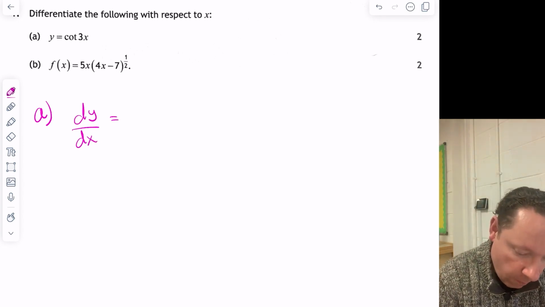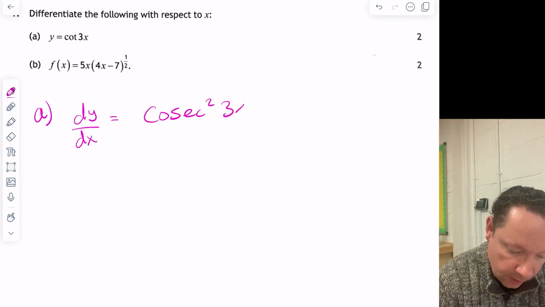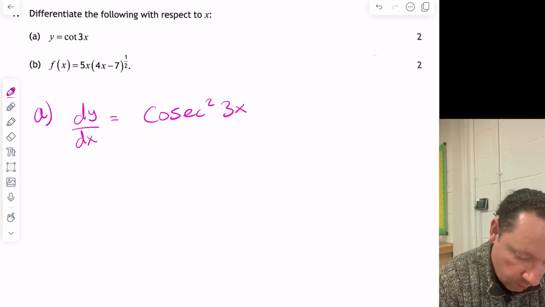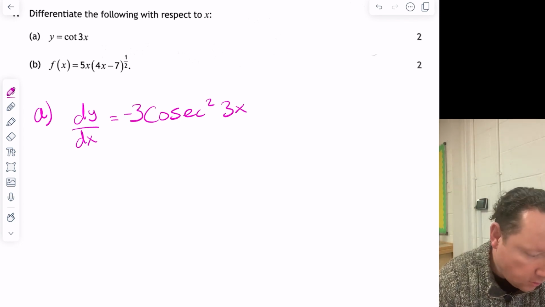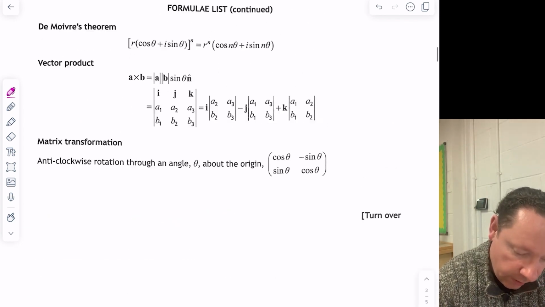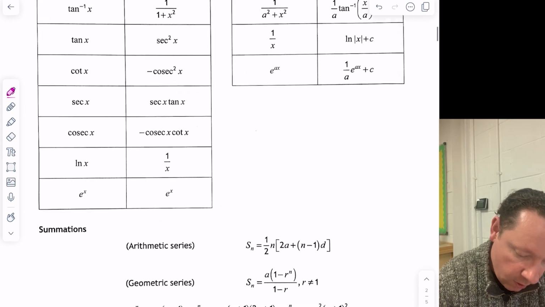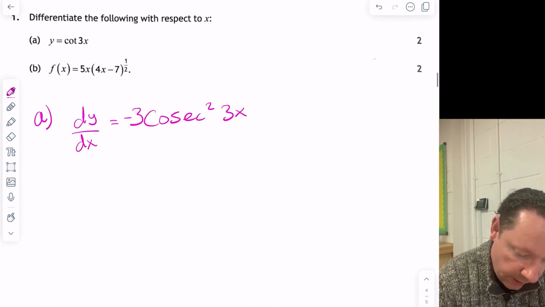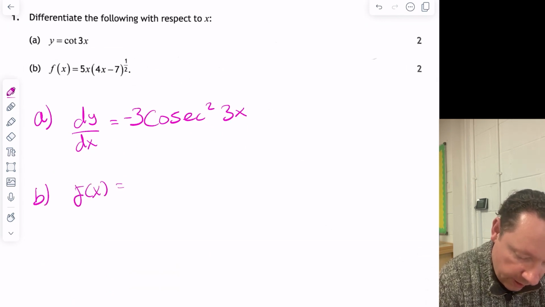So I've got cosec squared 3x, and then I like to times by that 3. So minus 3 cosec squared 3x. Just check that at the start of the exam paper. Cot goes to minus cosec squared x. So yeah, that's fine. Right, part B, f of x is 5x times (4x minus 7) to the half.